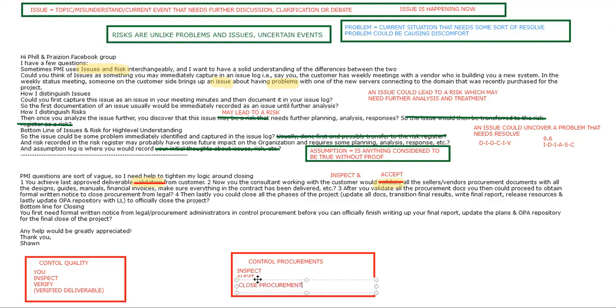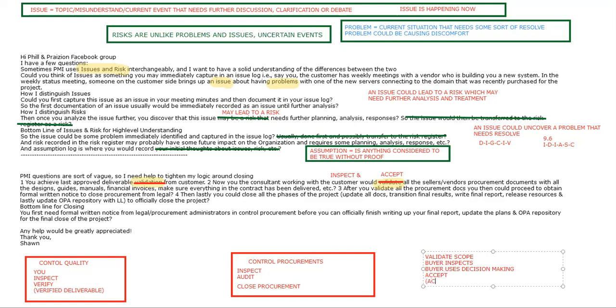All right, but in the world of the vendor, you are also doing validate scope because you are the buyer. And in validate scope, the buyer inspects, the buyer uses decision making, and they accept.